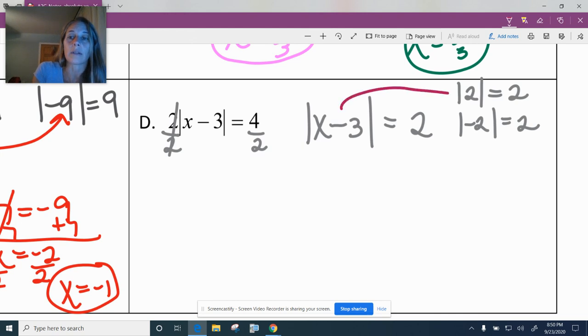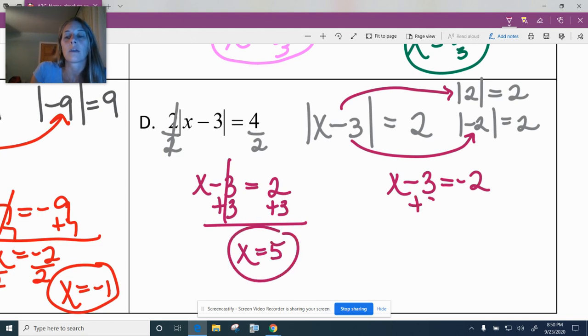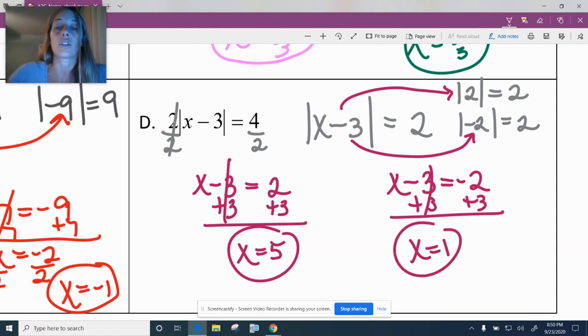So x minus 3 could equal +2, or x minus 3 could equal -2, and either of those would come out of the absolute value as +2. So now we're adding the 3. So x equals 5 is one solution. Adding the 3 to the -2, x equals 1 is your other solution.